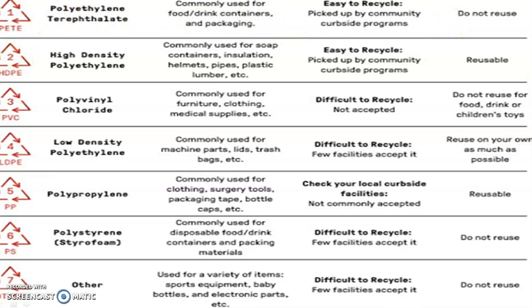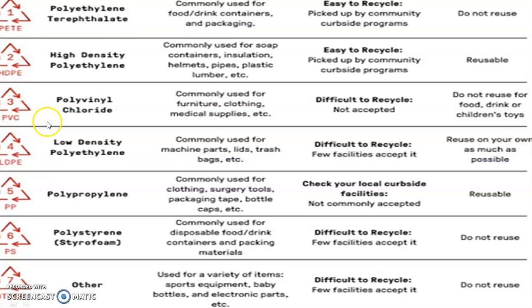If the triangle has 2 and HDPE is written at the bottom, HDPE means high density polyethylene. Commonly used for soap containers, insulation, helmets, pipes, plastic lumber, etc. Easy to recycle, picked up by the community, and totally reusable.